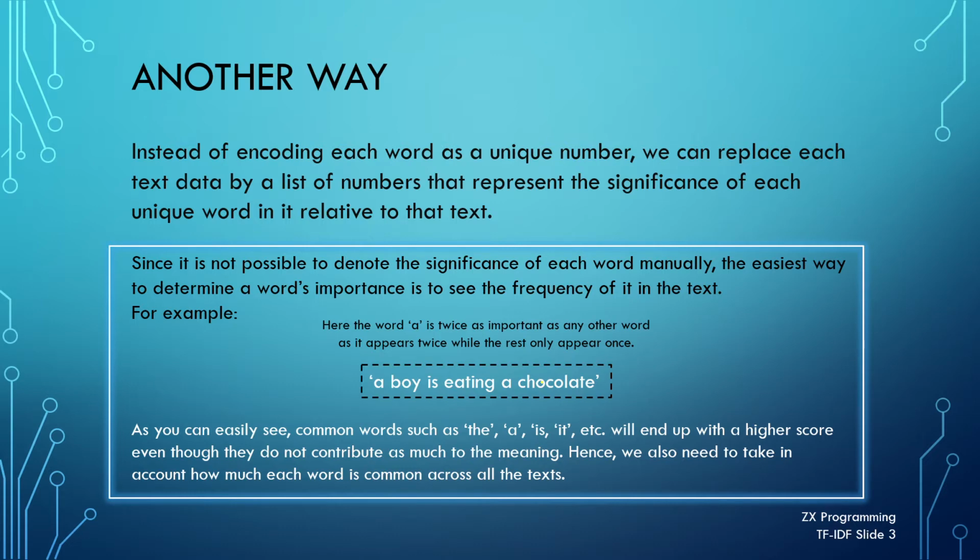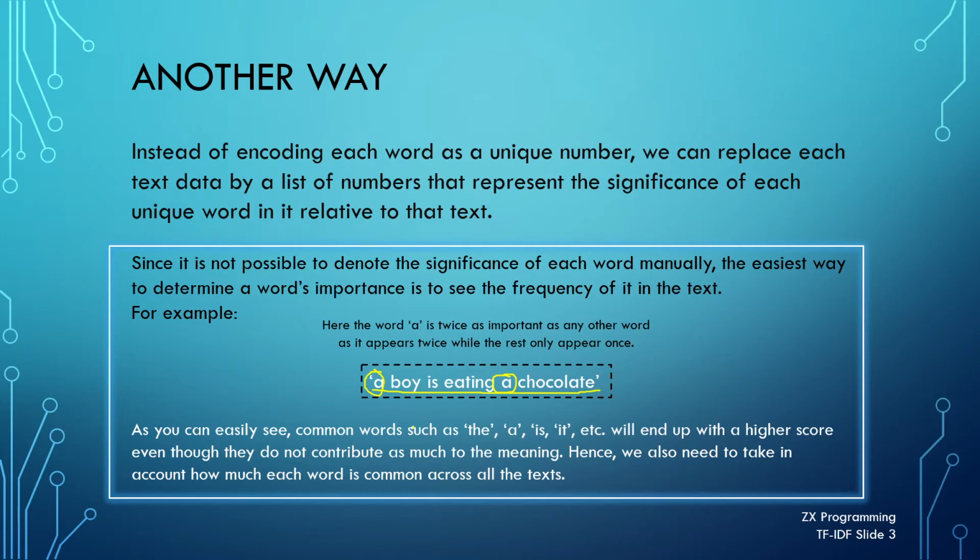For example, if there's a word that appears multiple times in a text data, we can deduce that that word must be more important or more relevant to that text compared to other words which appear less often. For example, in an example sentence, a boy is eating a chocolate, the word A appears twice. Hence, we can deduce that A must be twice as important as other words which only appear once.